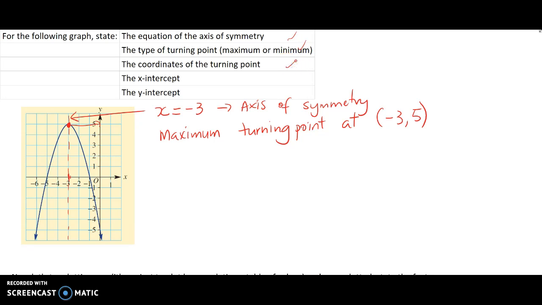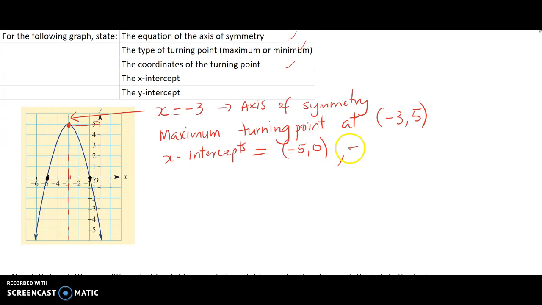The x-intercepts. So let's look at this. Two x-intercepts. One over there and one over there. Let's see, it's a different color. Okay, 2 points. One of them is at -5, 0.